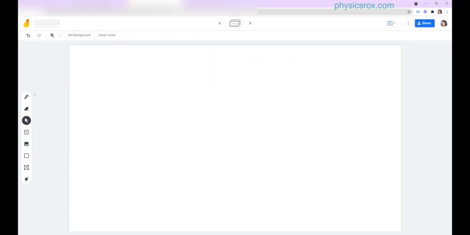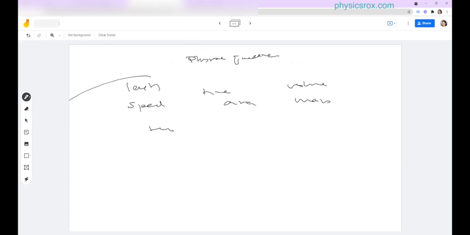I'm just going to draw random things here, okay? My writing is very bad. Physical quantities are everything you can measure: length, speed, time, area, volume, mass, temperature. These are all physical quantities, and there are thousands and thousands in this world.